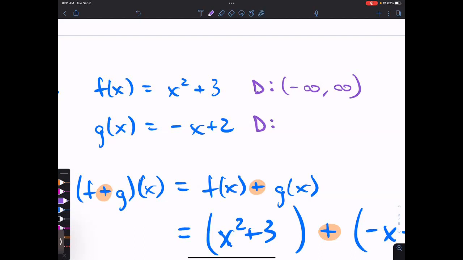The negative's happening on the outside. This one you can kind of treat either way because it's odd, but it flips upside down and then moves up. So again, none of that stuff is going to affect its domain because it's defined everywhere in the first place. None of those things that we just walked through are going to change that, right?